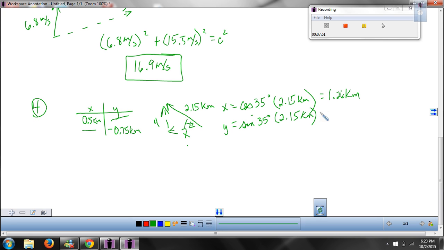And for my Y, I got 0.48, looks like to me. Okay, so my X is going to be a negative 1.26 kilometers, and my Y is going to be a positive 0.48 kilometers.